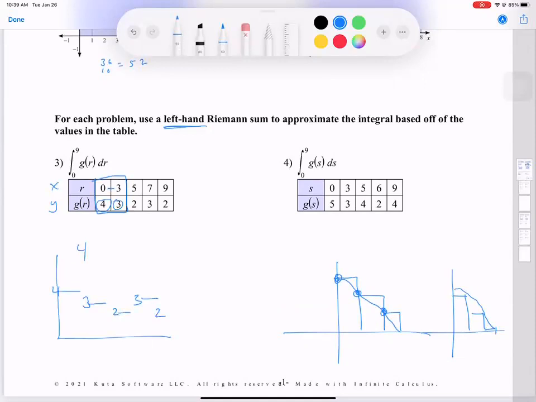The base between 0 and 3 was 3. That's my base for my first rectangle. Between 2 and 5, my base is 2. Between 5 and 7, my base is 2. And between 7 and 9, my base is 2. Those are your rectangles. 12 plus 6 plus 4 plus 6.